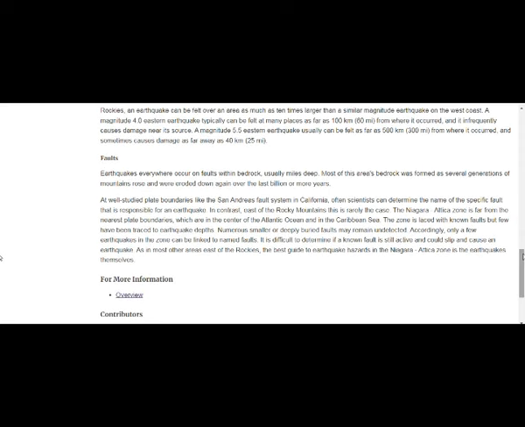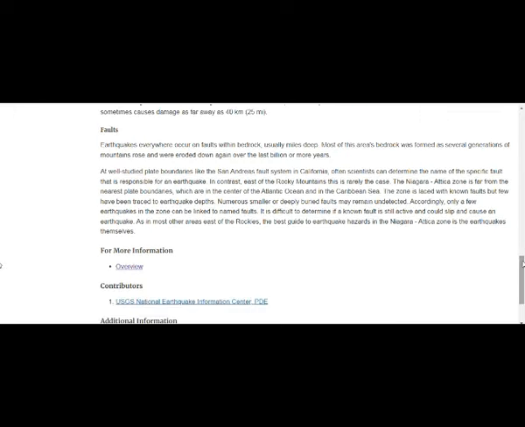Earthquakes everywhere occur on faults within bedrock, usually miles deep. Most of this area's bedrock was formed as several generations of mountains rose and were eroded down again over the last billion or more years. At well-studied plate boundaries like San Andreas in California, often scientists can determine the name of the specific fault that's responsible for an earthquake.